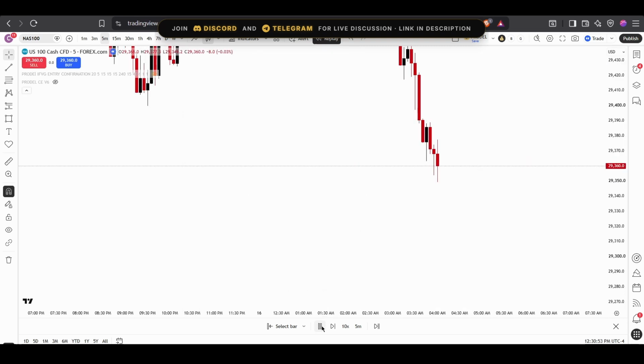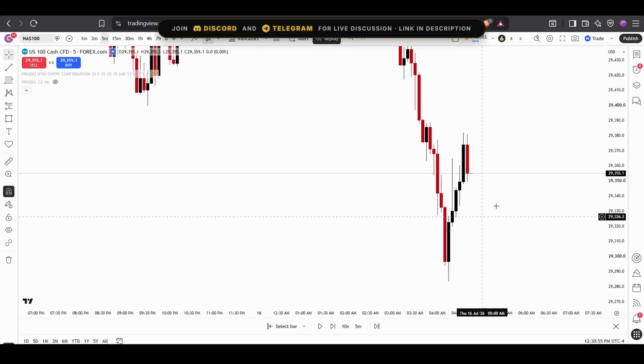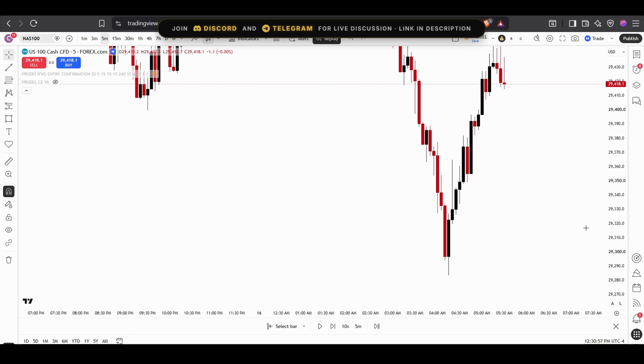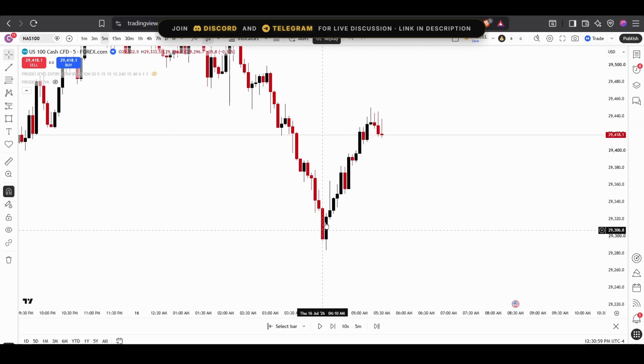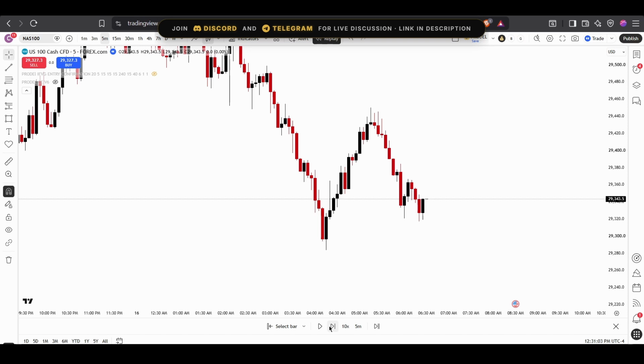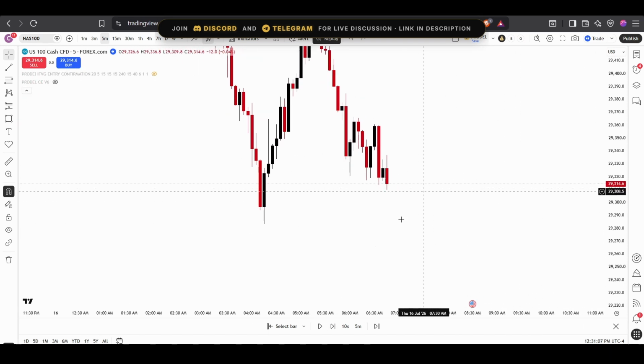Let's wait for the clear break of structure. You can see here the market retested the high, and we will wait for the market to break its structure. You can see there is the internal break of structure to the downside.